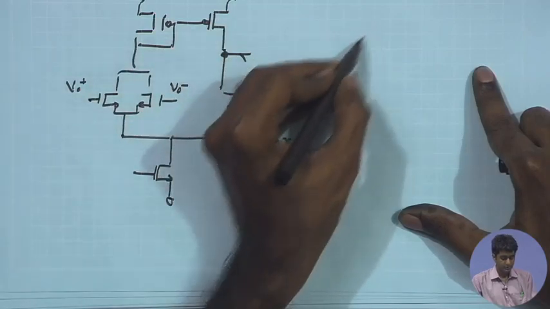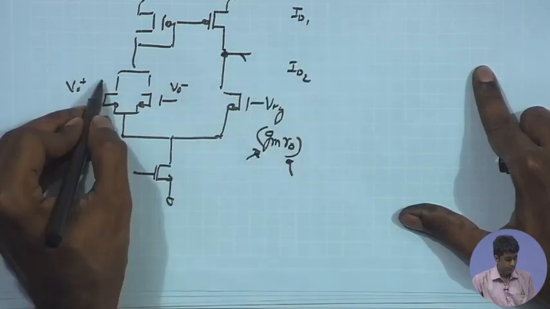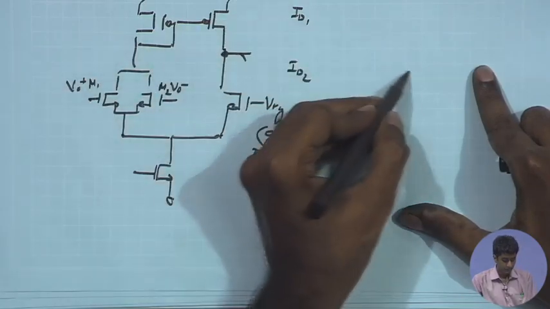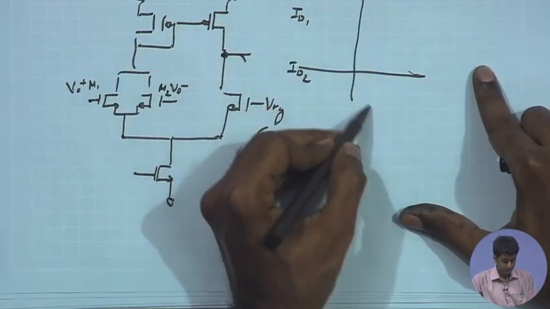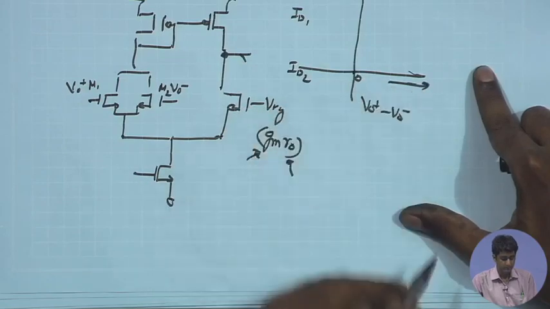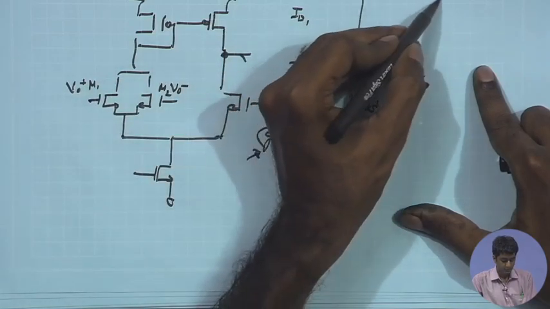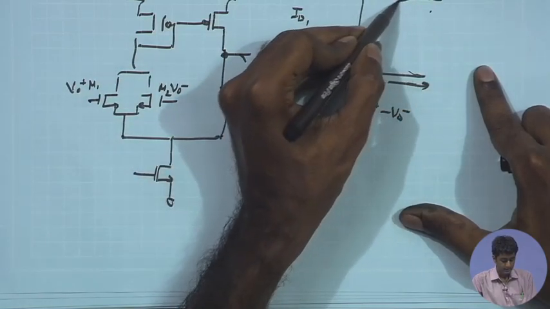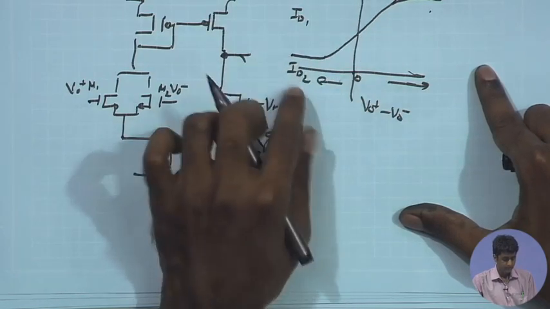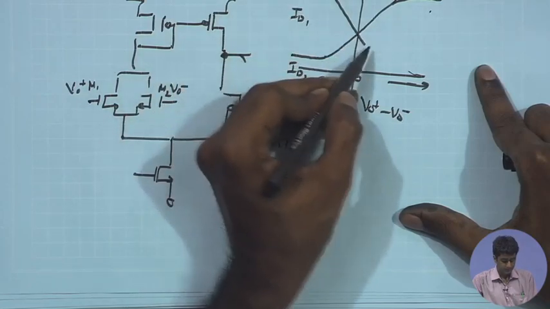If you look at the differential pair response and look at the currents ID1 and ID2 in the two devices, say M1 and M2, as a function of, say, VO plus minus VO minus, suppose this is 0 and on this side we have positive VO plus minus VO minus, of course as a result ID1 will be going higher on this side, and as you make VO plus minus VO minus negative, ID2 will be increasing and ID1 will be decreasing.